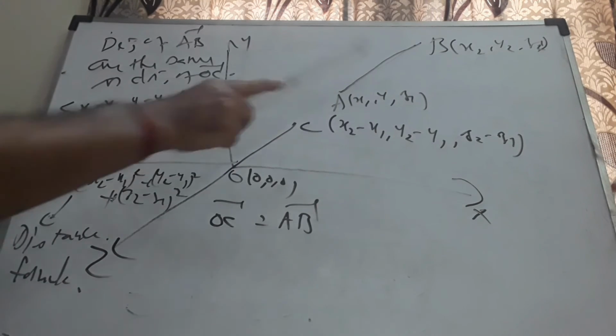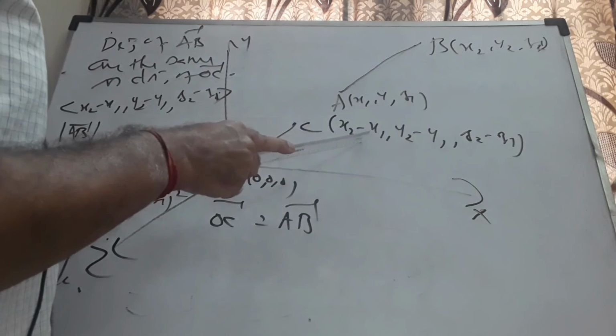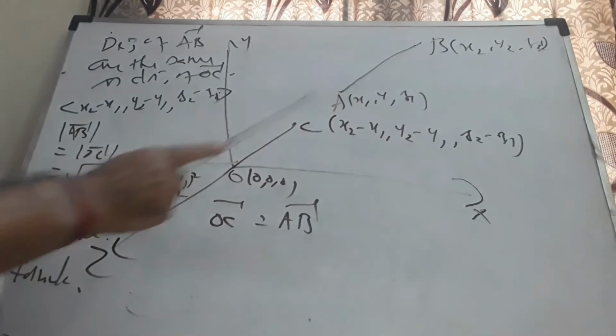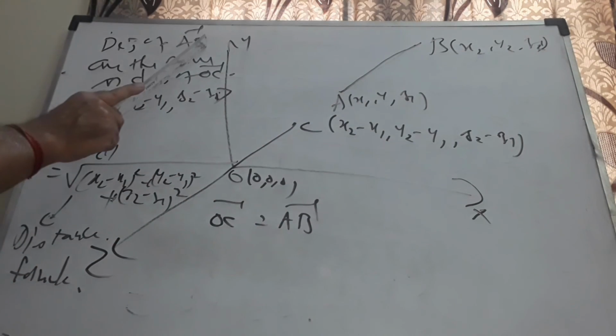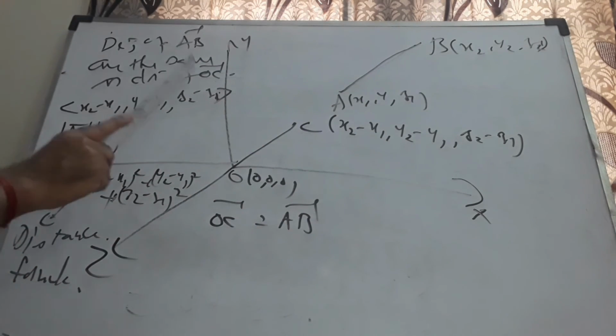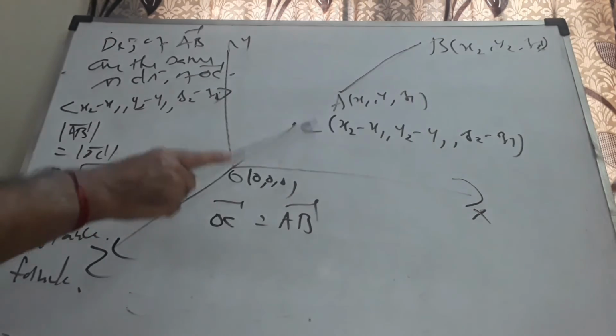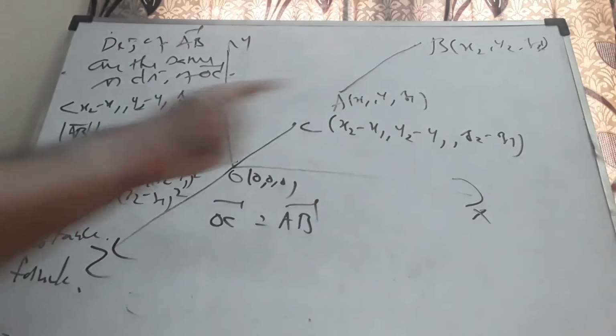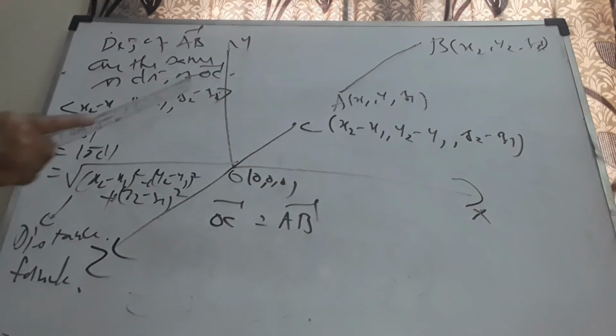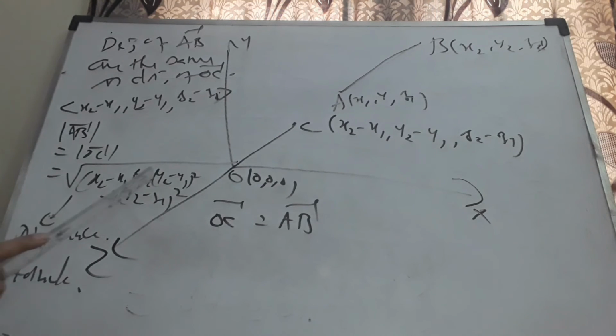Using that argument, my point C will become x2 minus x1, y2 minus y1, z2 minus z1. Since these two are equal, drs of AB vector are the same as drs of OC vector. Drs of OC vector are the coordinates of C themselves, which will be x2 minus x1, y2 minus y1, z2 minus z1. Since they both are equal, modulus AB vector is the same as modulus OC vector, which is root of x2 minus x1 whole square plus y2 minus y1 whole square plus z2 minus z1 whole square. This will give you the distance formula, the distance between 2 points, also.